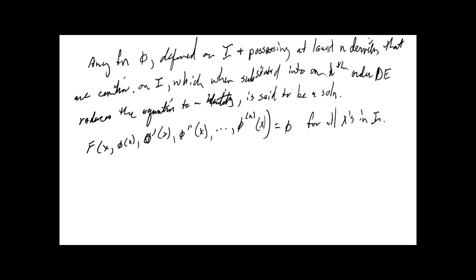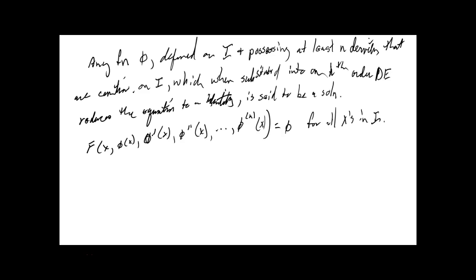Okay. Now, again, a lot of verbiage, but you see everything that was said here, it's defined on I, possessing at least n derivatives that are all also continuous on I, and which when substituted into any nth-order differential equation, reduces that equation to an identity.